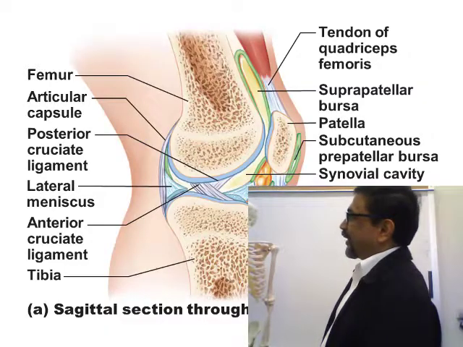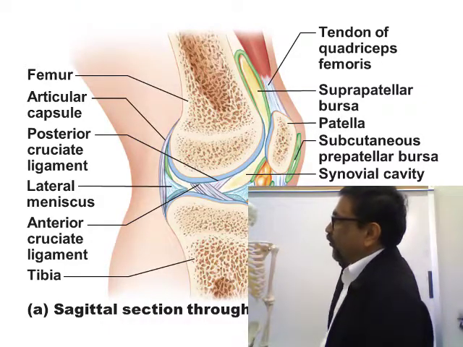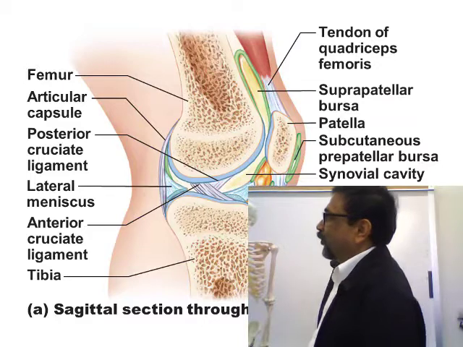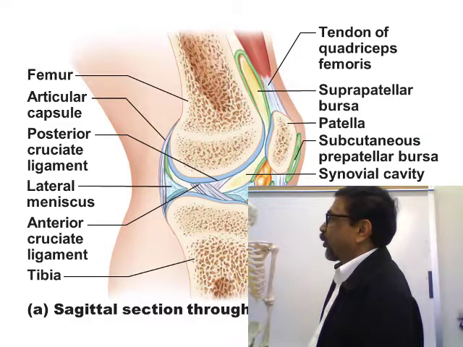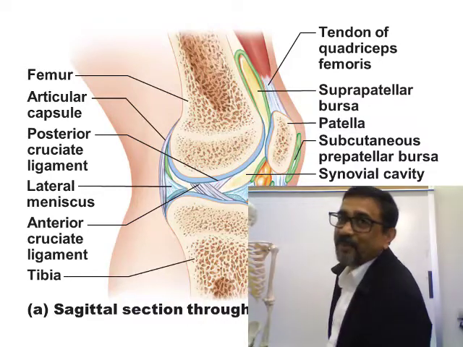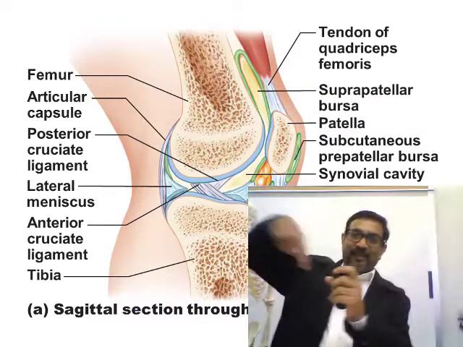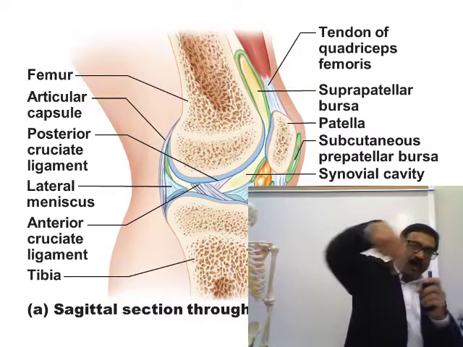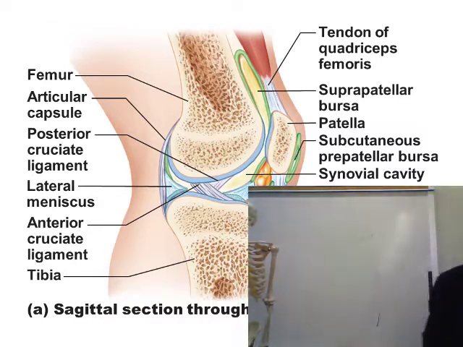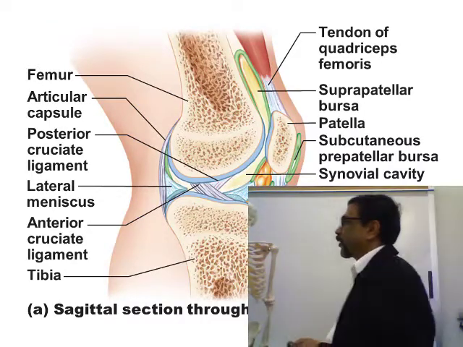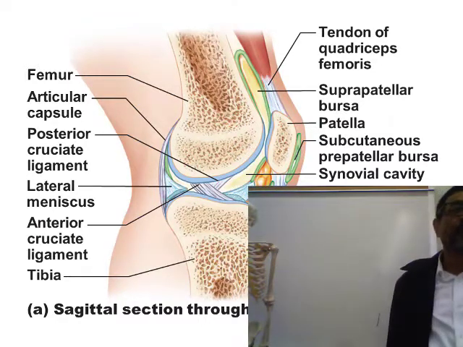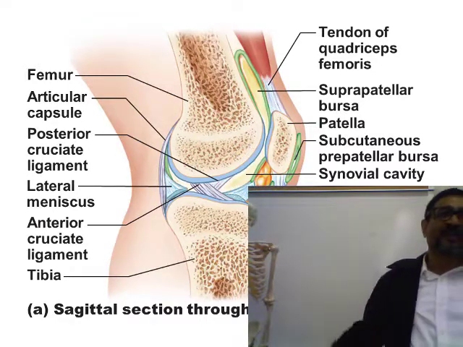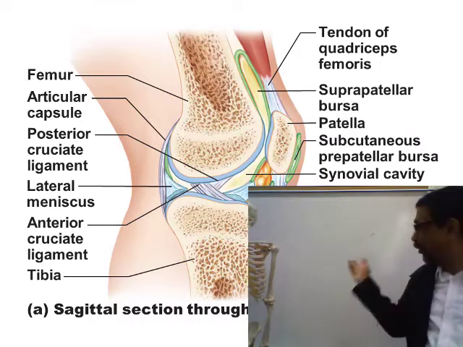And first let's see around the joint. You already know in the synovial joint, around the joint you have articular capsule, right? Remember that? Connective tissue membrane that wraps the joint. So you have articular capsule. Also, another important property is articular cartilage. Hyaline cartilage covers the end of the bones, that I have also mentioned.